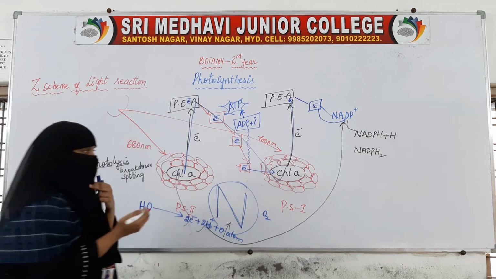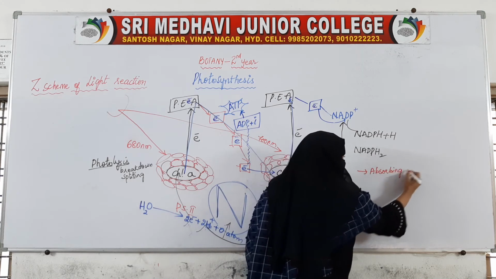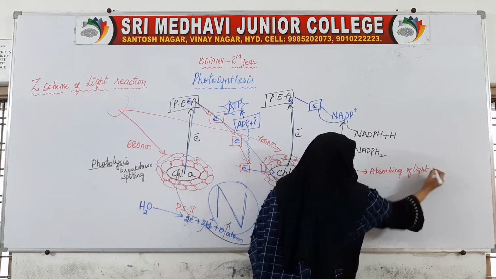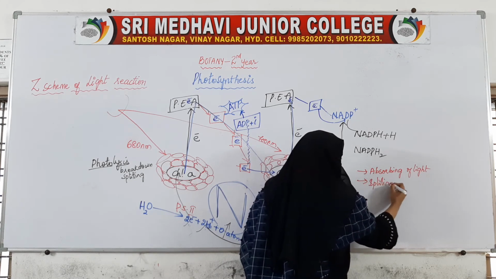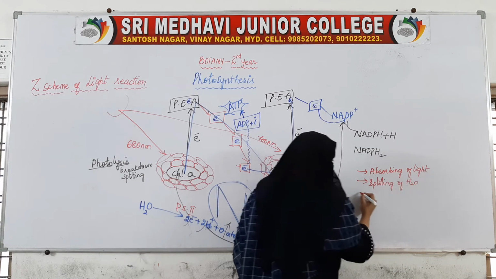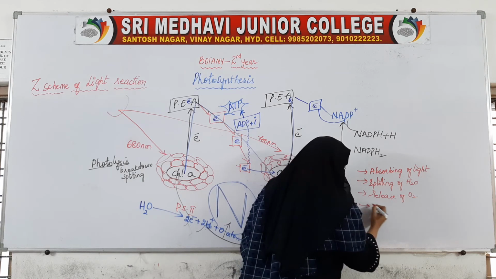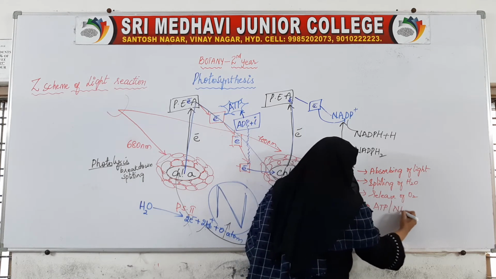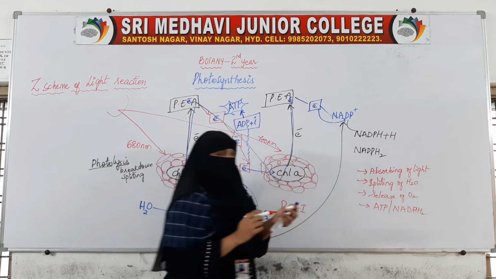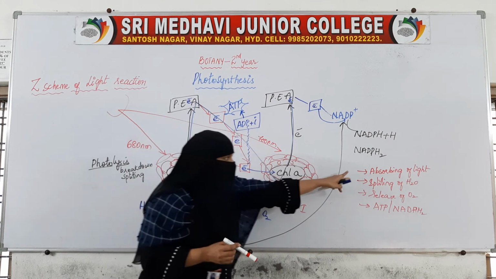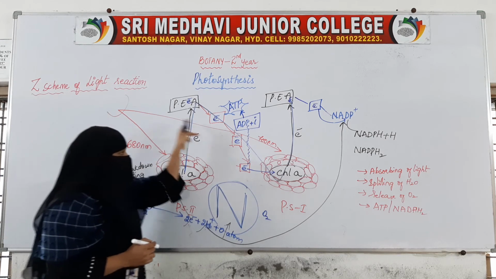We have written it in the previous class: absorbing of light, then splitting of water, release of oxygen, and ATP and NADPH2 formation. First, the light has been absorbed by these light harvesting complexes.